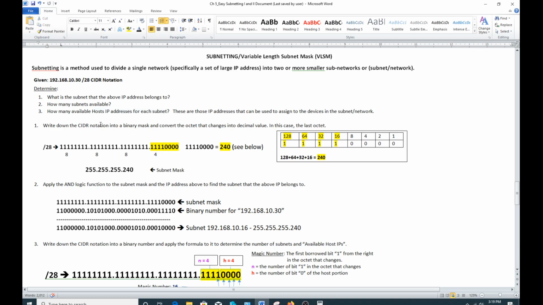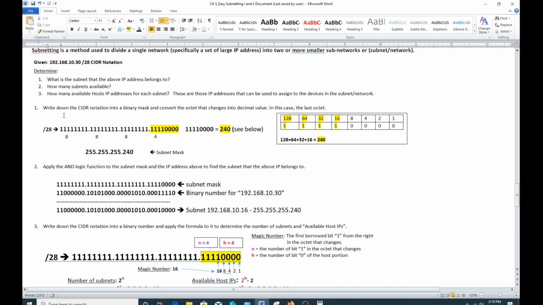So let's begin. First thing, we need to write down the CIDR notation as a binary mask and convert the octet that changes into a decimal value. Then that will determine our subnet mask. So /28, we need to write down 28 1 bits.